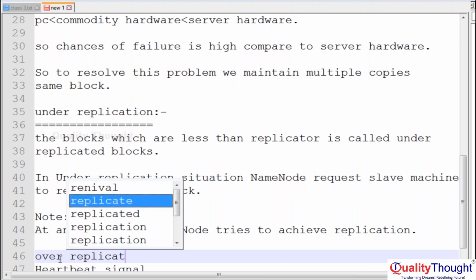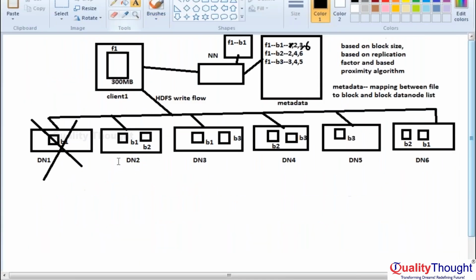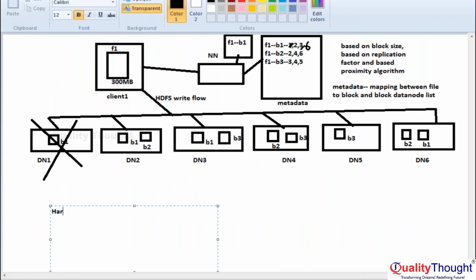Over replication. After some time, assume we have hardware administrators, operating system admins, network admins, and Hadoop administrators.